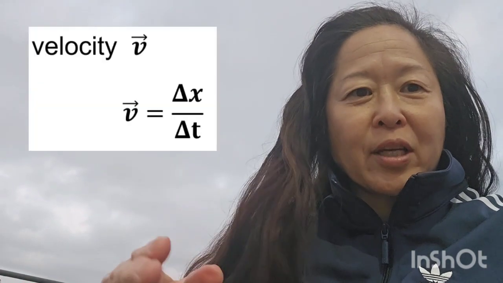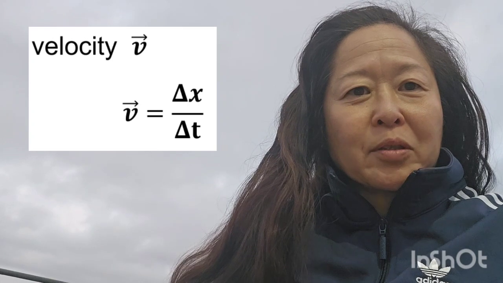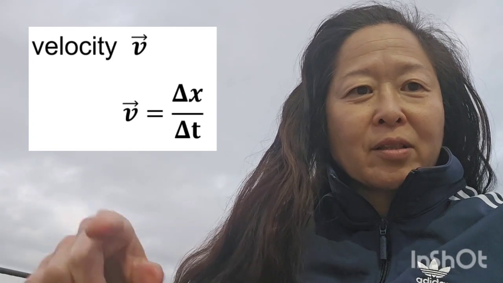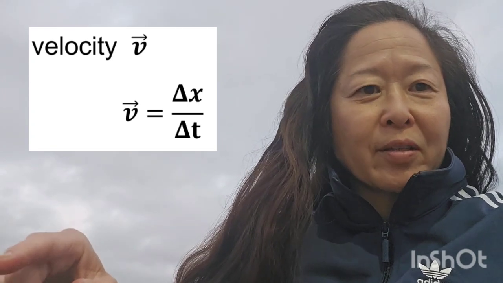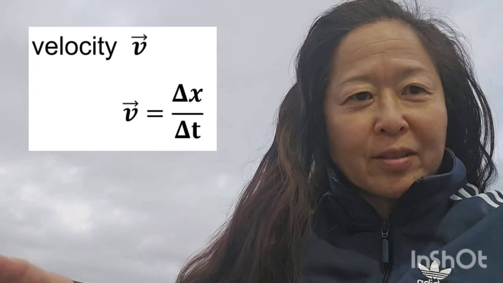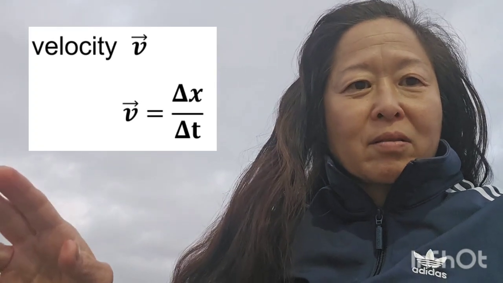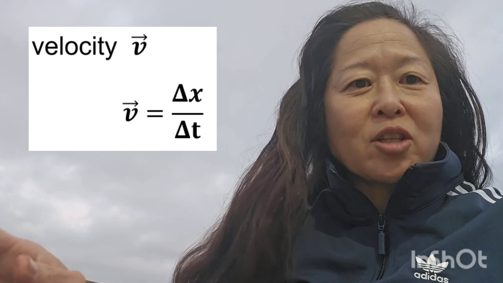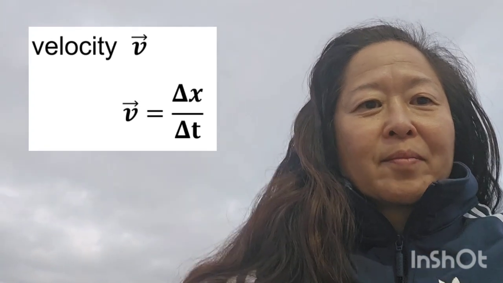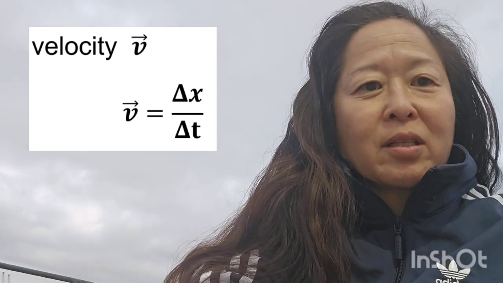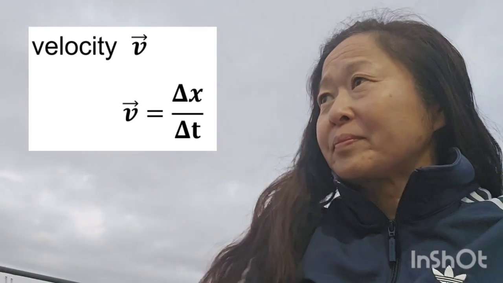So again, if I want to state this in physics symbols, it looks like lowercase v with the arrow equals delta x, divided by delta t. The delta is the uppercase Greek letter delta, which looks like the triangle. Delta x is the change in position, and delta t is the change in time.